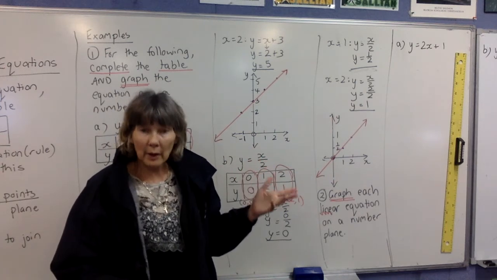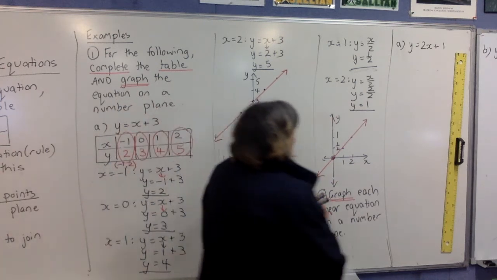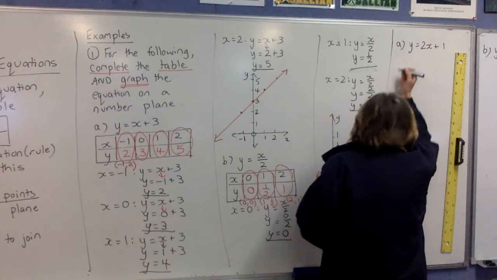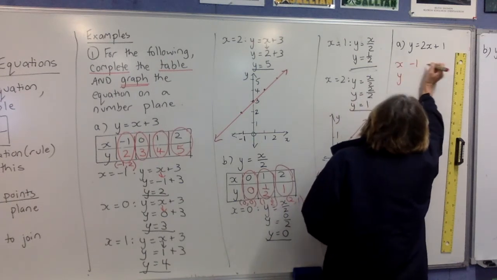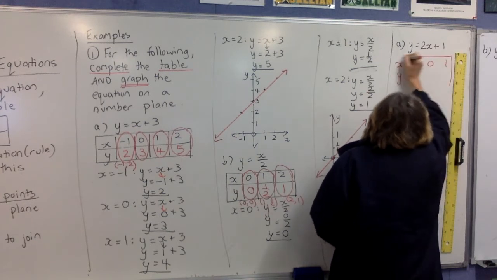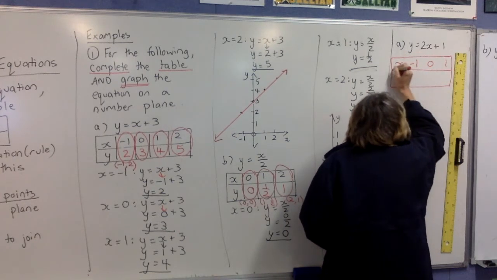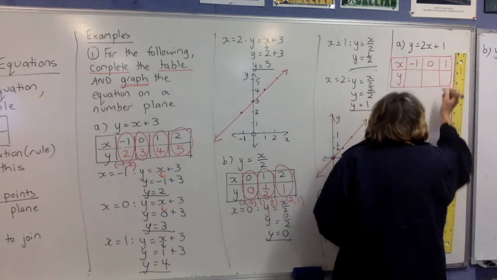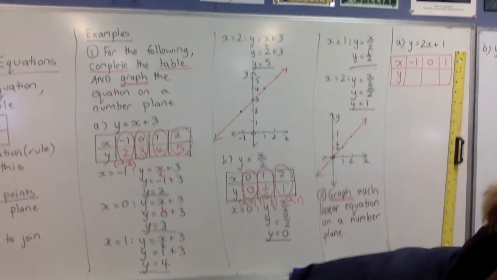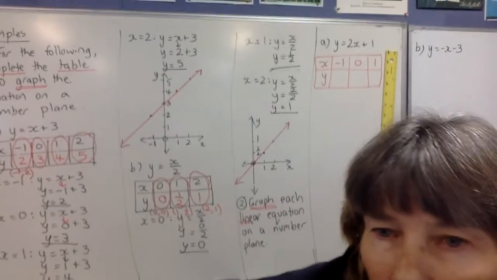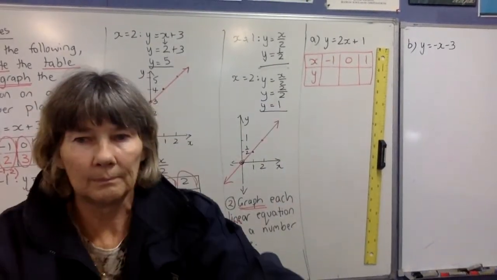So we're going to do our own table. So we're going to make up our table, and this is the table I told you I want you to do. All right, so we're going to use that one if there's no table. Let me just move this across a bit.